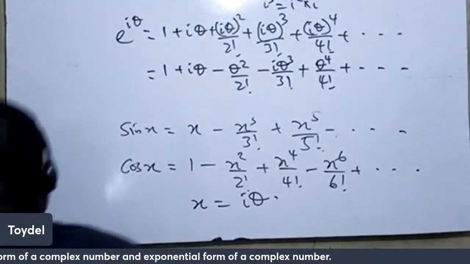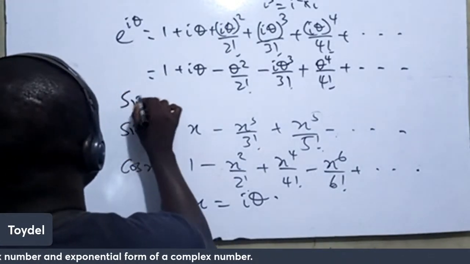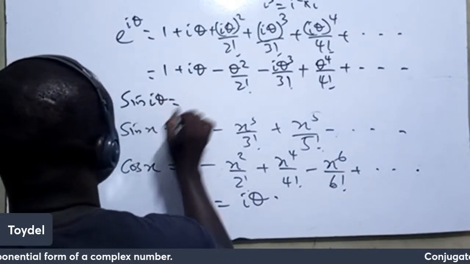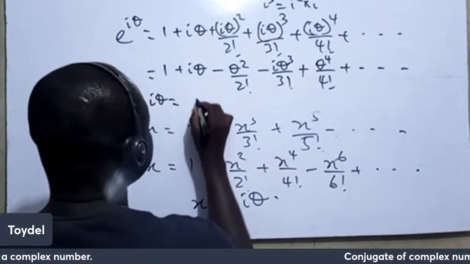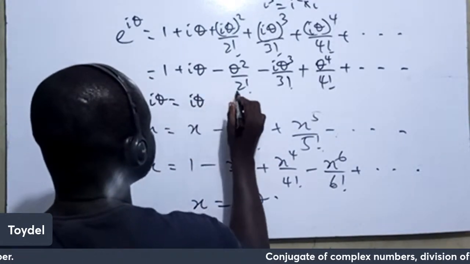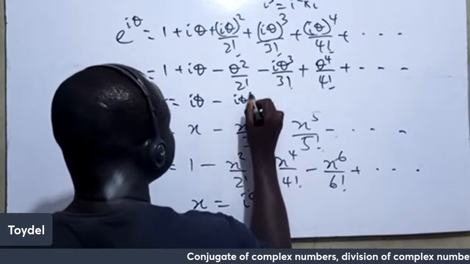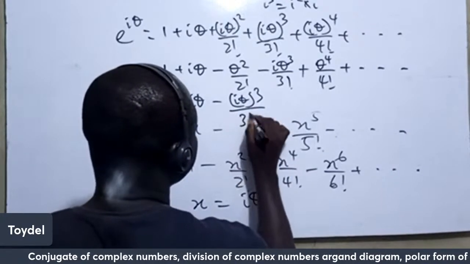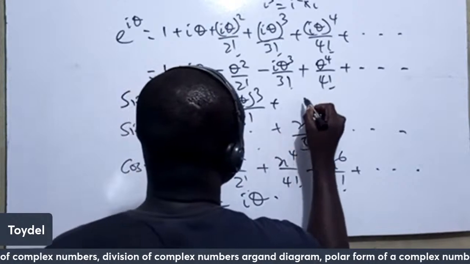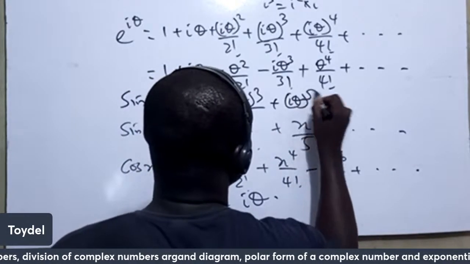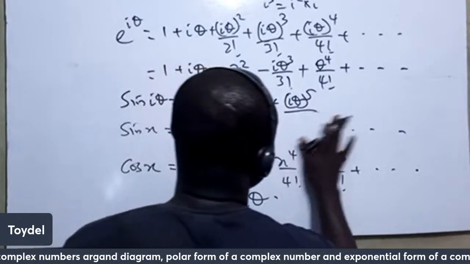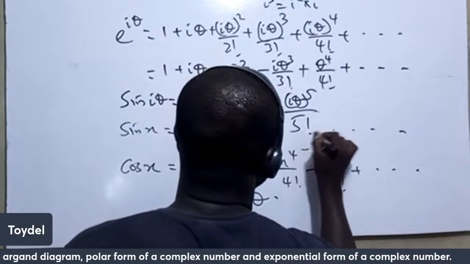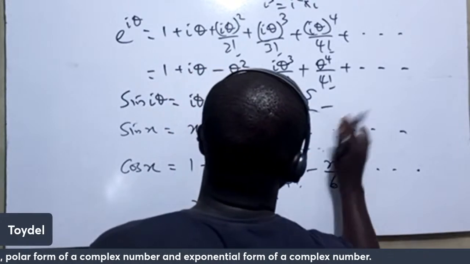Then if we do the same for sine, sine of i theta will be, where I have x, I'm going to have i theta minus i theta all cubed all over 3 factorial plus i theta raised to power 5 all over 5 factorial minus dot dot dot.